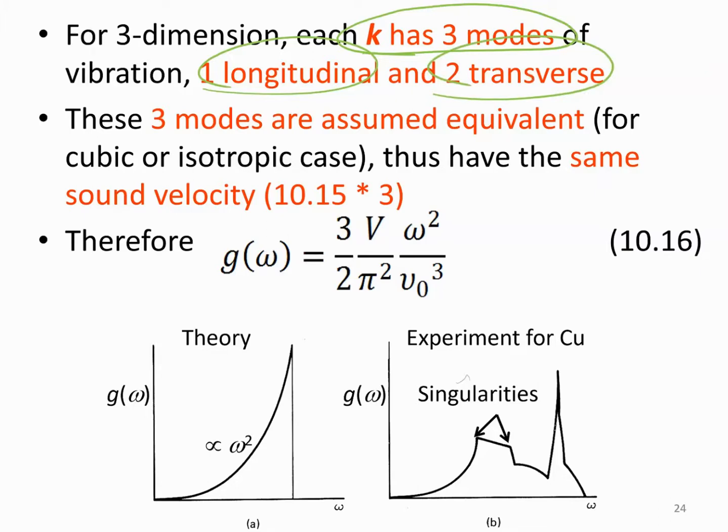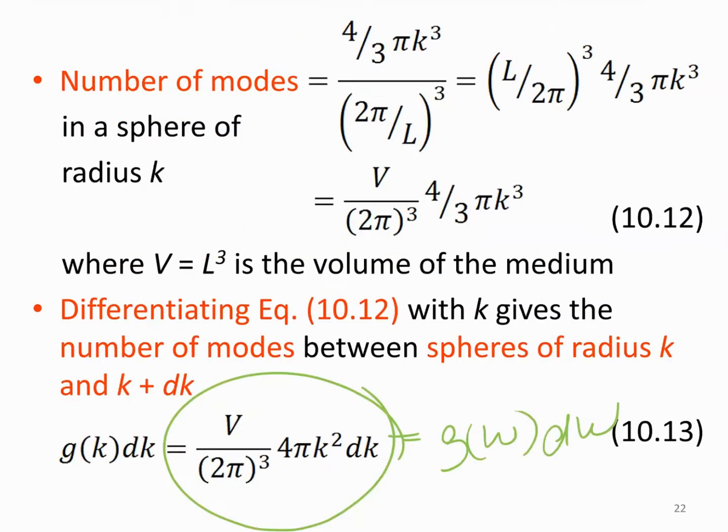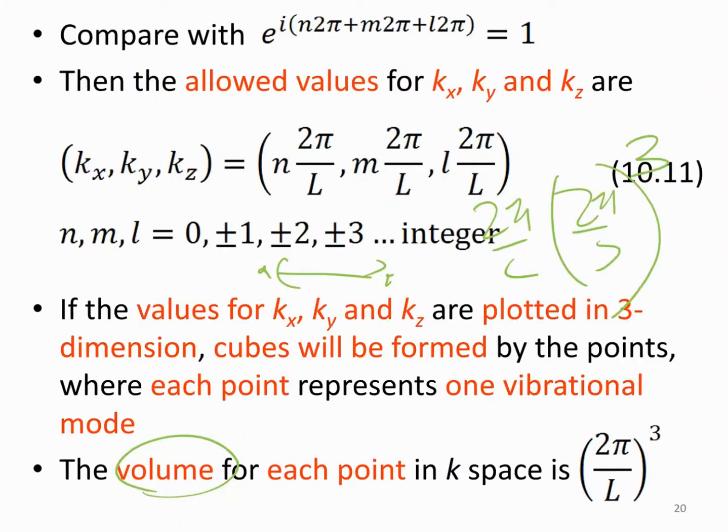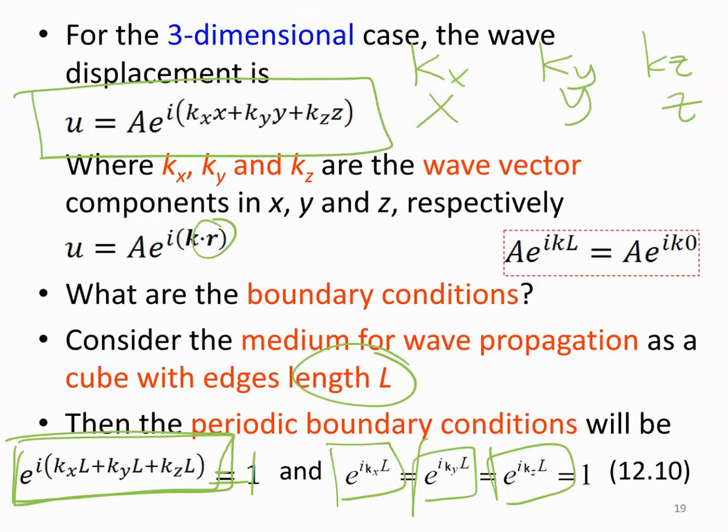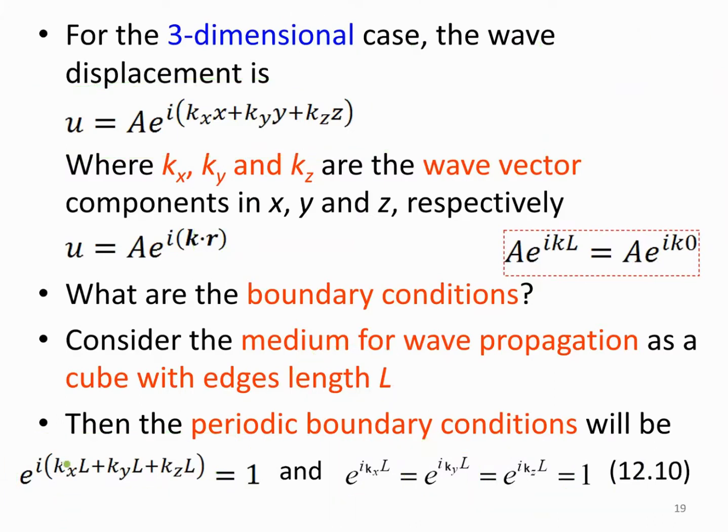Even for the x direction, just now we assumed, as in our starting equation, that kx is along x, which is longitudinal, but you can also have kxy, which is transverse to the x direction, and kxz, which is also transverse to the x direction.